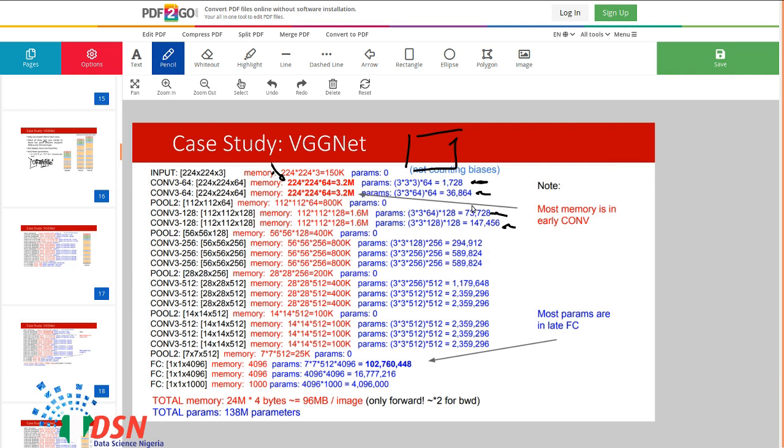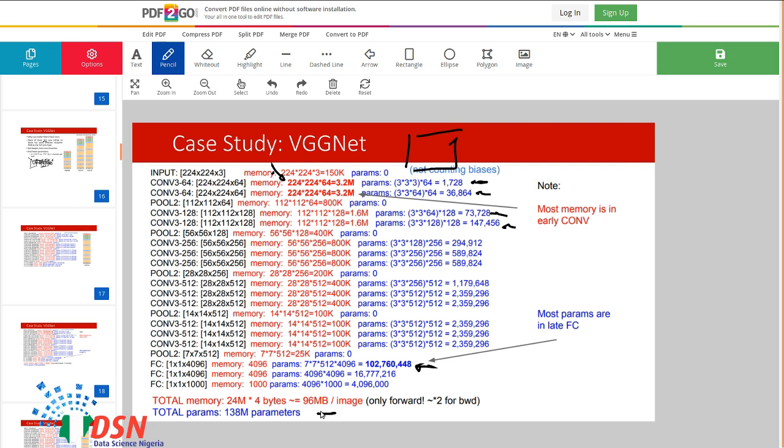Instead, the most parameters are in the fully connected layers. As you could see here, we have lots of parameters. In fact, approximately 100 million parameters for fully connected layers, okay, which is a lot in comparison with the number of parameters in convolutional layers.